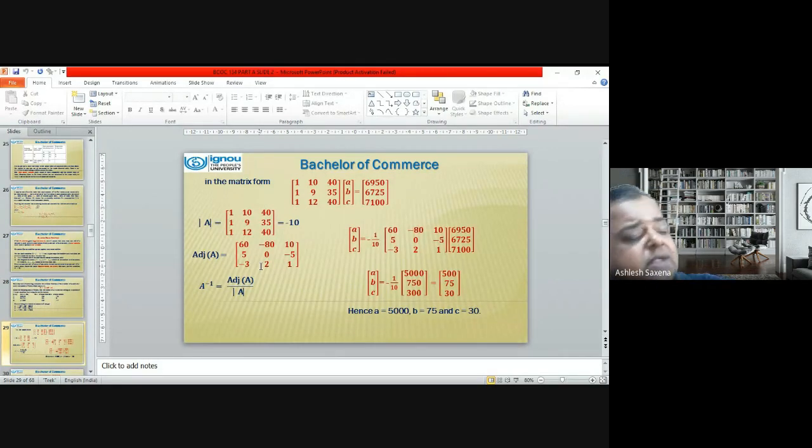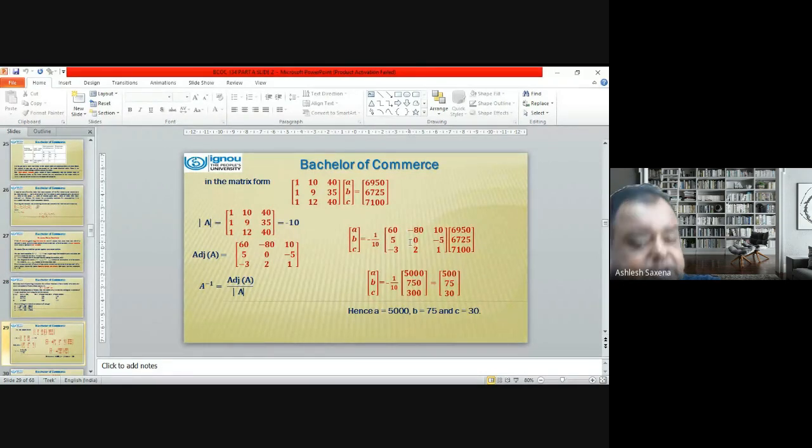If we talk in terms of A inverse, A inverse is equal to adjoint of A divided by the mod value of A. You have calculated the adjoint of A, and you have to divide it by minus 10, that is equal to 1 upon minus 10 times this matrix.